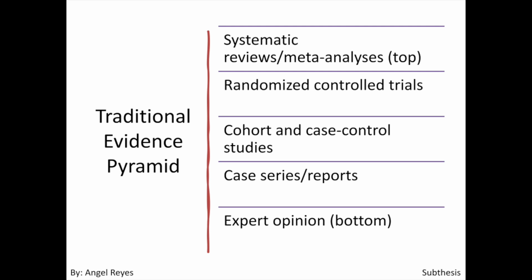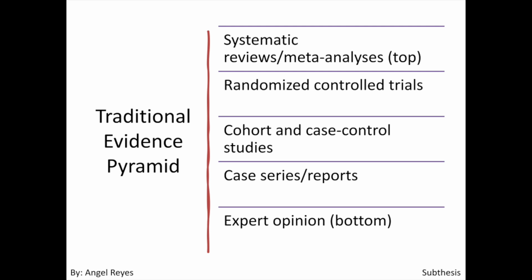Toward the bottom are case series and case reports, which describe individual cases or small groups without comparison groups. At the base, we find expert opinion, which relies on professional judgment rather than systematic research.